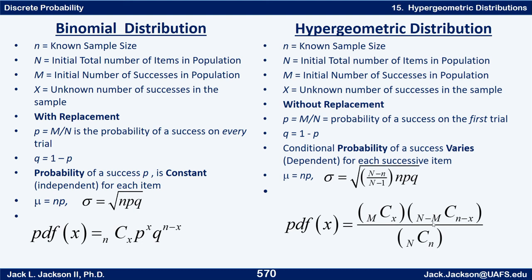So that's n minus x. So that part chooses the failures. This is choosing the successes. Multiply those together. That gets the numerator. The denominator will be the total ways of choosing a sample of size little n from a population of size capital N, which is that.